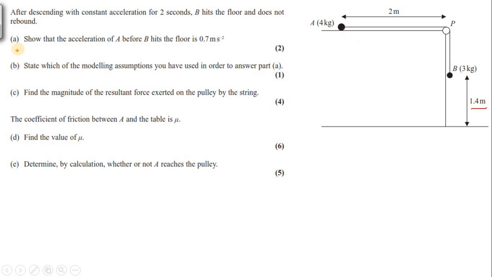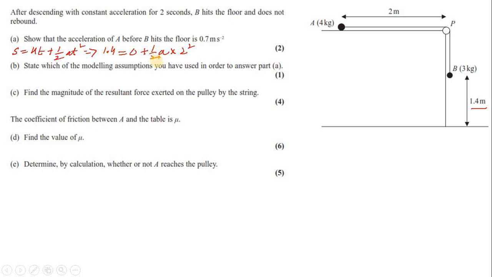So we know that s is equal to ut plus half at squared, and then substitute the values. s is the total height covered, so 1.4. The initial velocity of particle B is 0, so the first term will be 0, plus half a into t squared, where t is 2 seconds, so 2 squared. Now solve this equation for a.